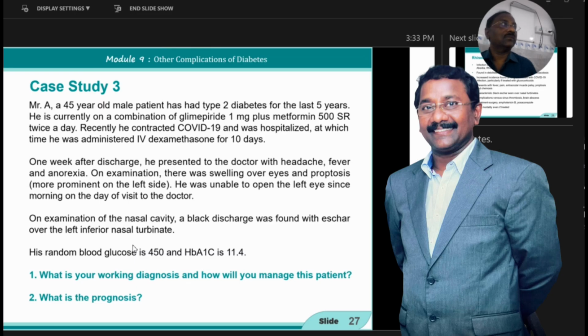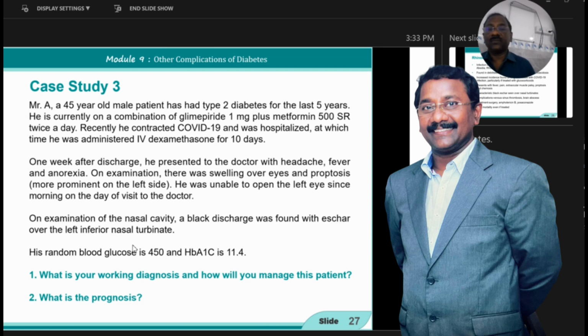And he was discharged. He didn't require any oxygenation or any ventilator support. After the discharge, he got headache, fever. Now the nasal cavity is bad, okay, and there are eyeball abnormalities.